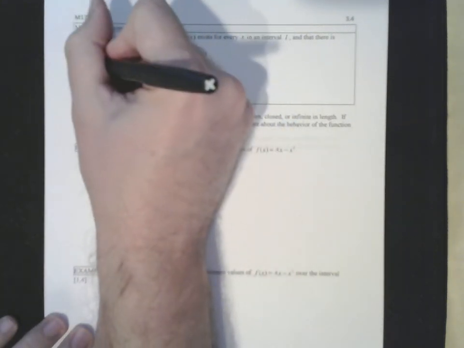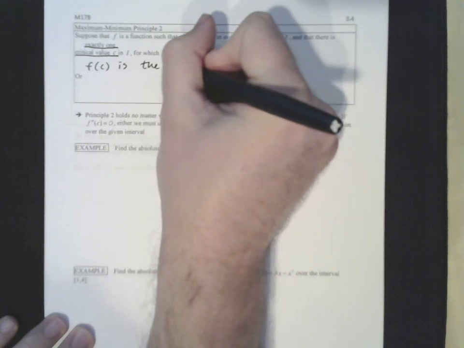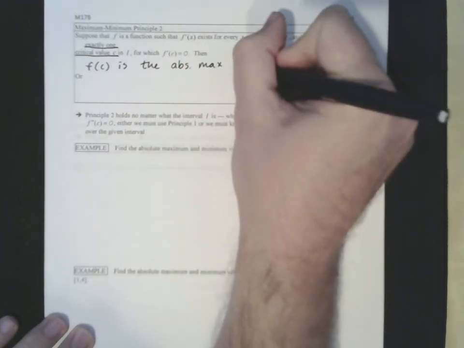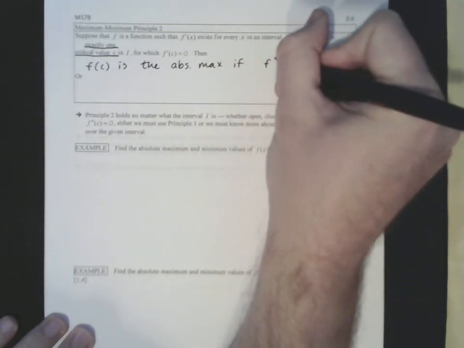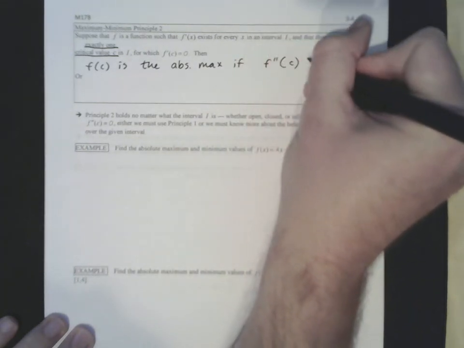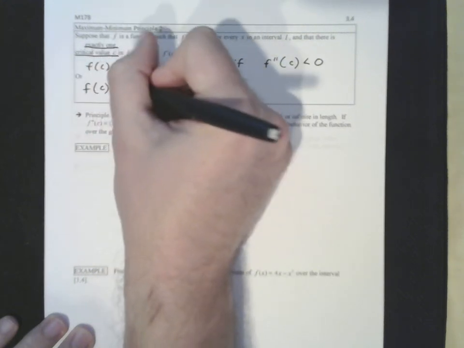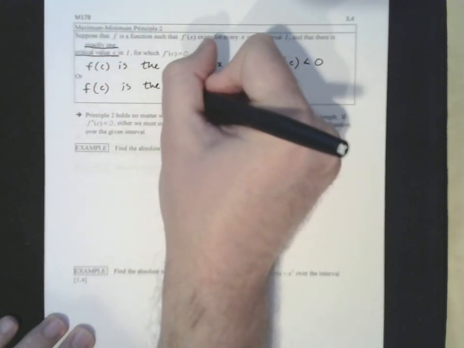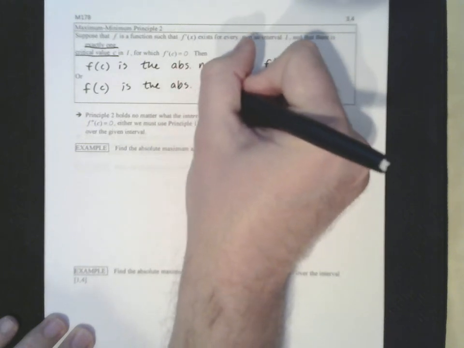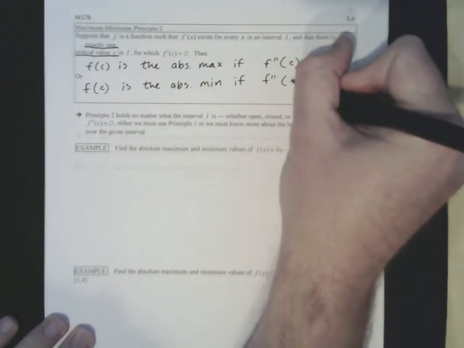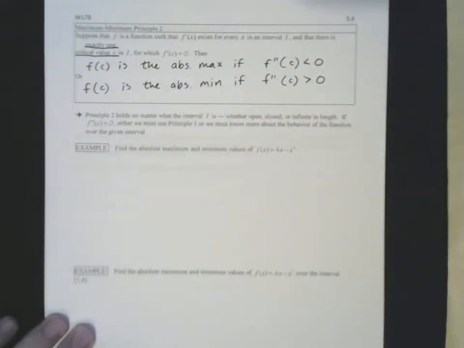Then f of c is the absolute maximum if f double prime of c is less than 0, or f of c is the absolute minimum if f double prime of c is greater than 0.